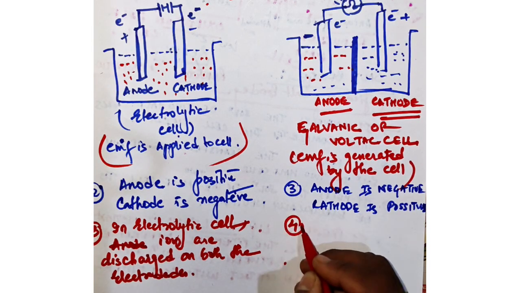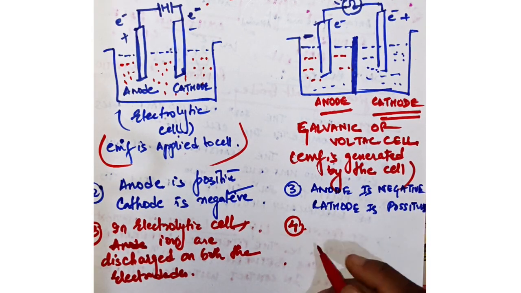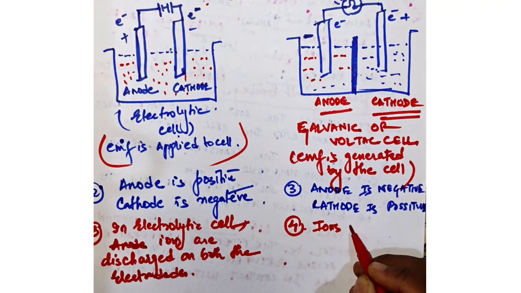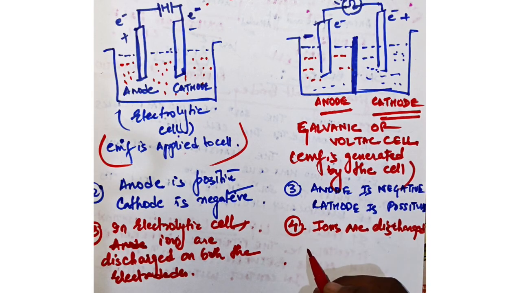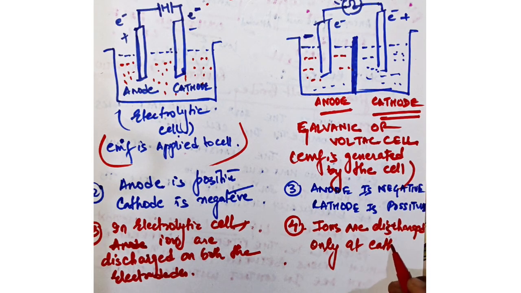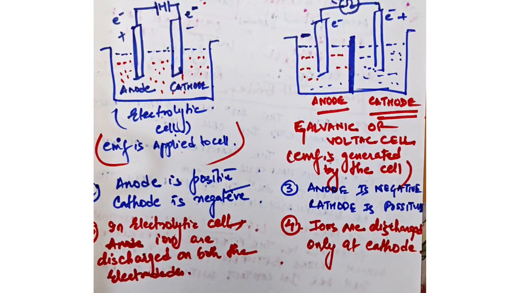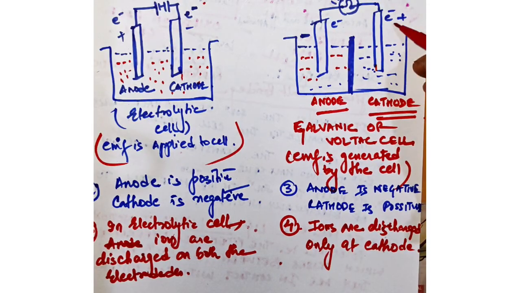Whereas in the case of the galvanic cell, ions are discharged only at the cathode. It is not discharged anywhere else. Only ions get discharged at the cathode, that is your positive electrode. So this is the key difference.